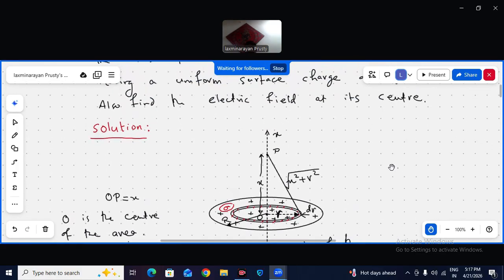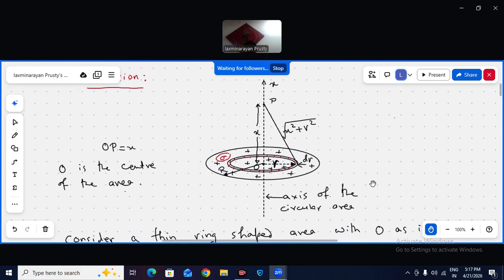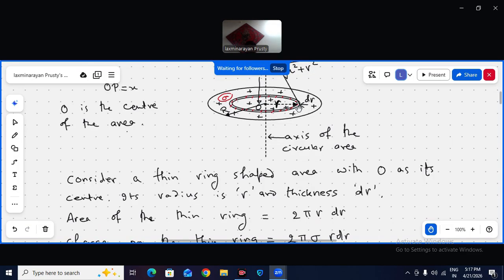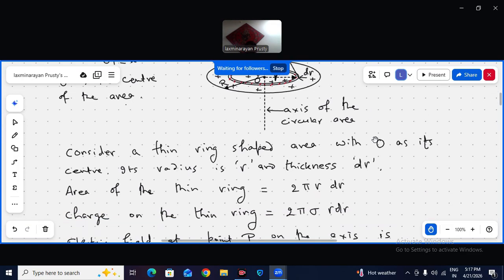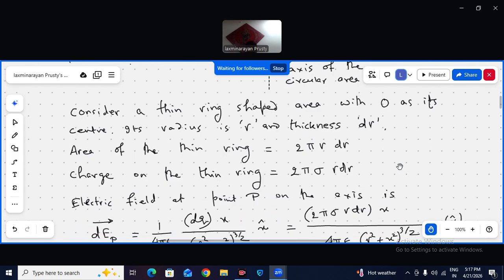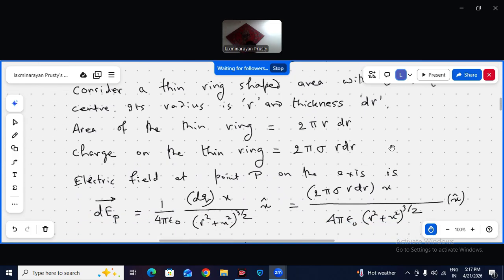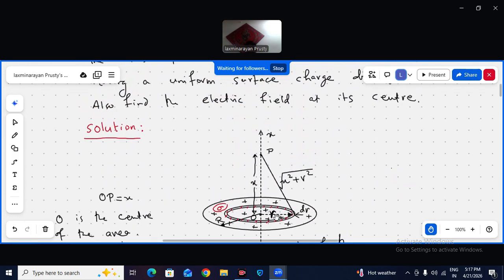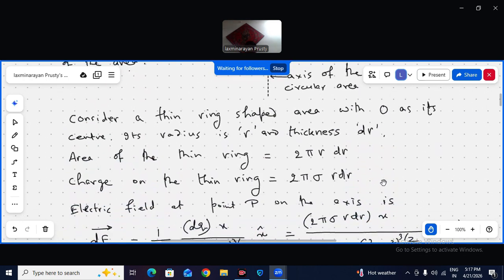Then how much will be the charge? Sigma is the surface charge density, so multiply the area charge density with that elemental area: sigma into 2 pi r dr. The electric field at point P on the axis of this ring will be how much?